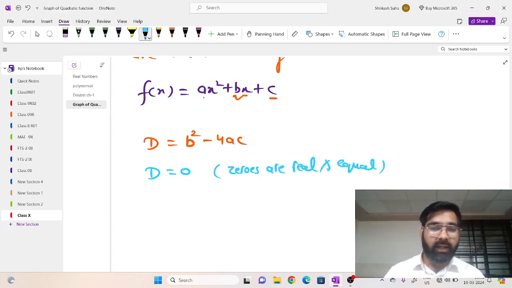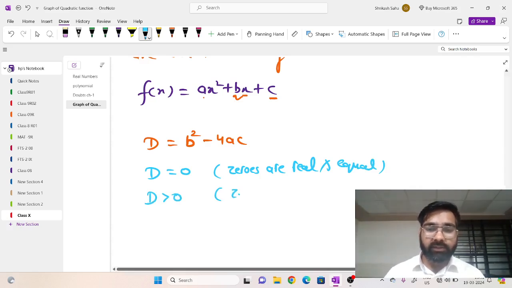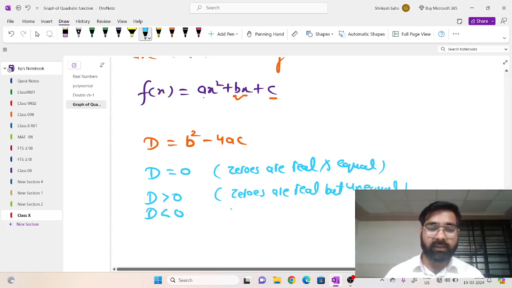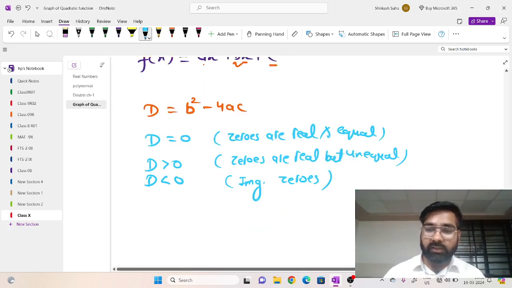equal. If the value of D is greater than 0, then we say the zeros are real but unequal. If the value of D is less than 0, then we say the zeros are imaginary. Why do we find this nature of roots?